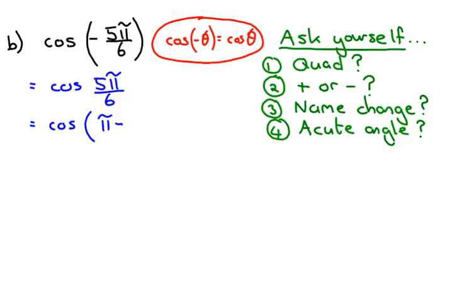Well, pi is the same as 6 pi over 6. What do I need to minus from 6 pi over 6 to get 5 pi over 6? The reason why I'm thinking in terms of 6 pi over 6 is because I want an LCD, just to gauge what I need to subtract. So I need to subtract pi over 6. Pi minus pi over 6 will give me my 5 pi over 6.